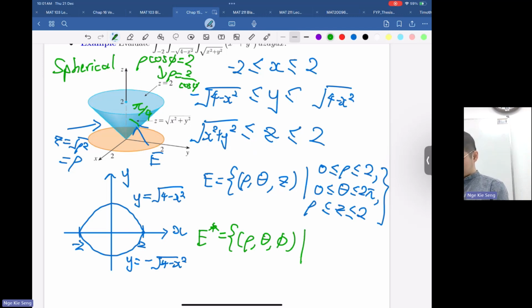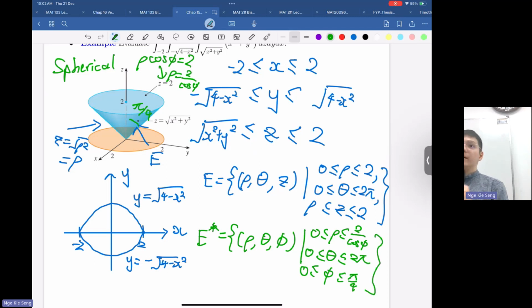You can send it to me to check. I pick rho from 0 up to 2 over cos phi, theta going from 0 to 2 pi also, and phi going from 0 to pi over 4. And then you should get the same answer. You can try it and let me know. Does it make sense?